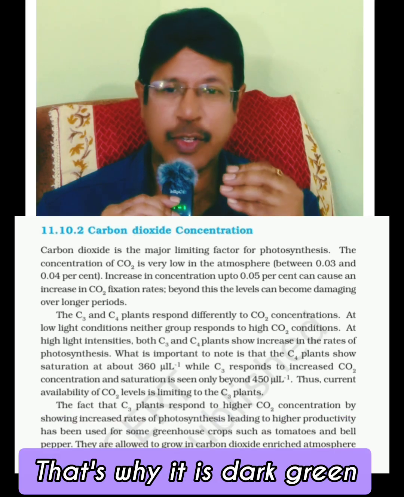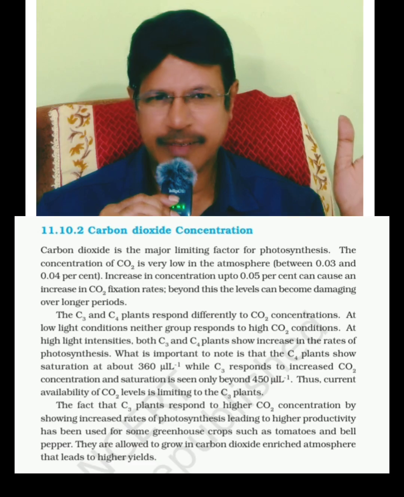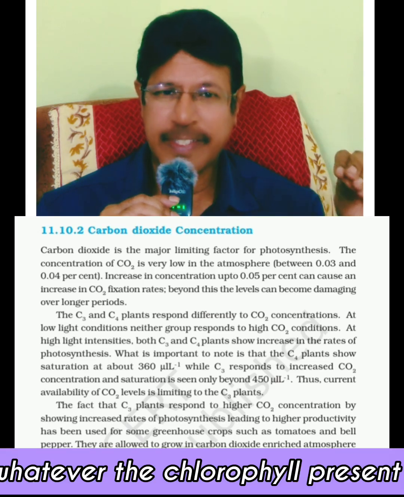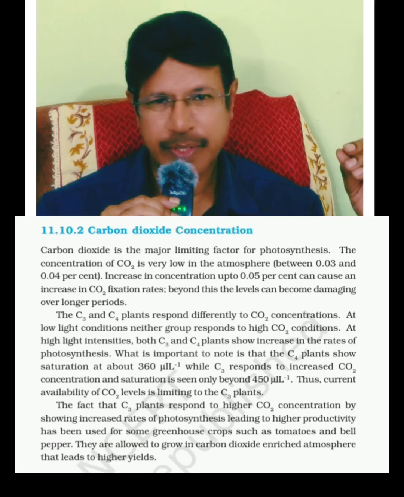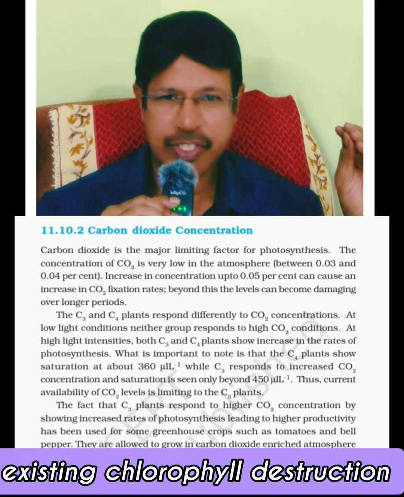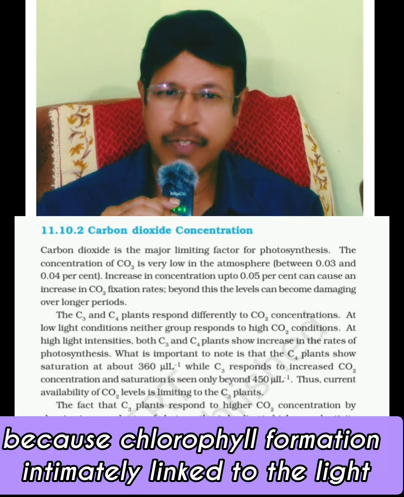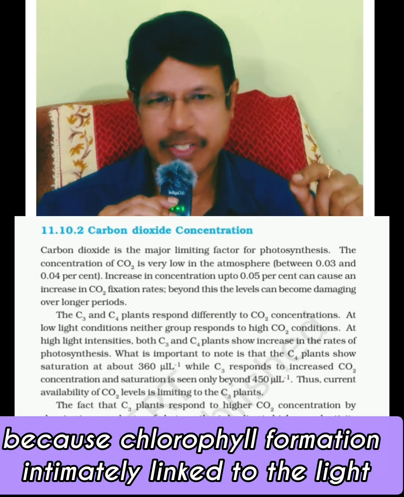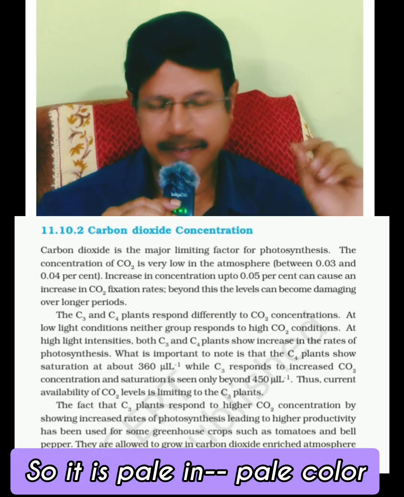That's why it is dark green. In the dark, whatever chlorophyll is present undergoes destruction as light is not available. There is no further formation of chlorophyll because chlorophyll formation is intimately linked to light. So it is pale in color.